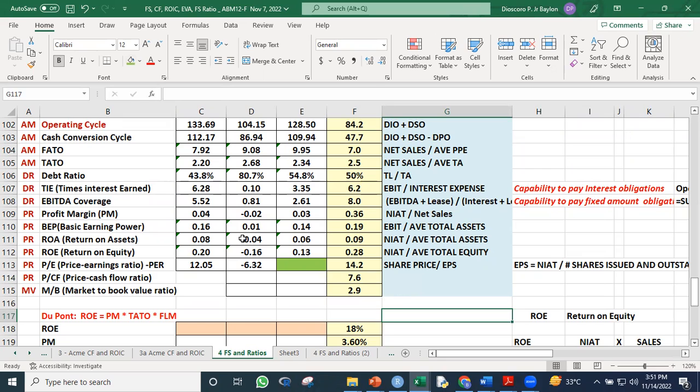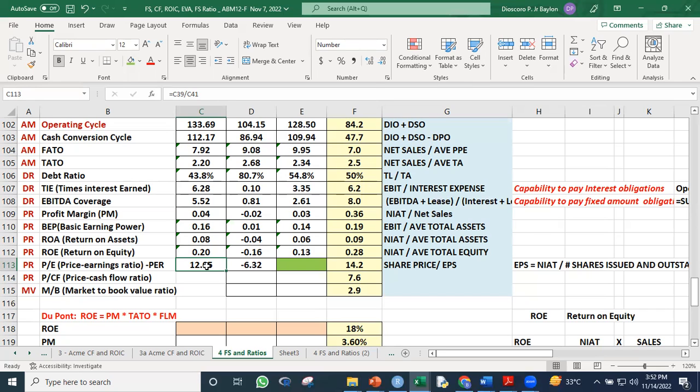Okay, so what does this mean? Price to earnings ratio. Ang ibig sabihin nito, you should be willing to pay 12 pesos and 5 centavos for every 1 peso earnings you will get from the company. Okay? So ito yung price niya, no?